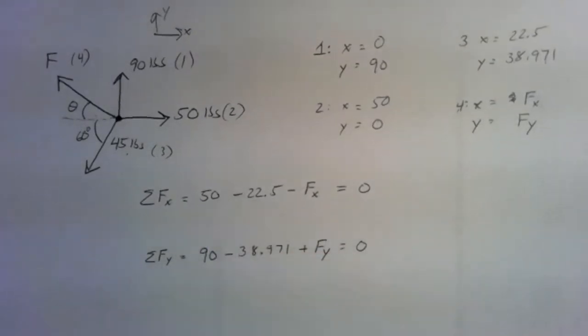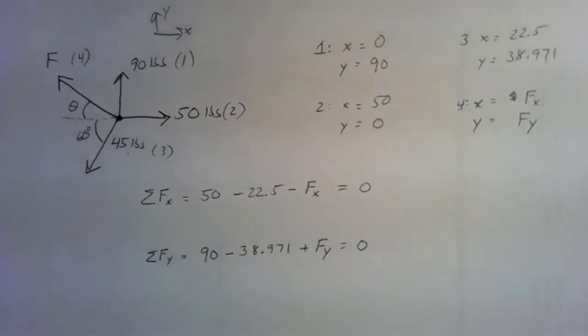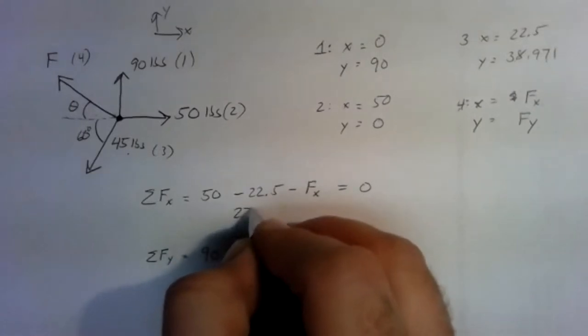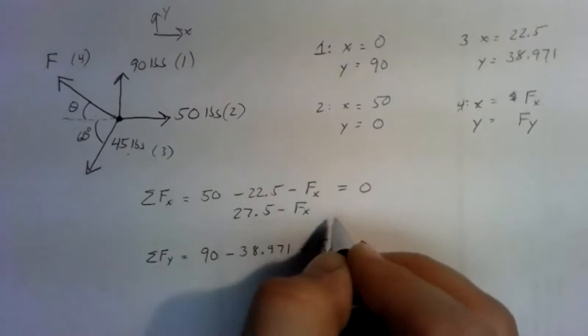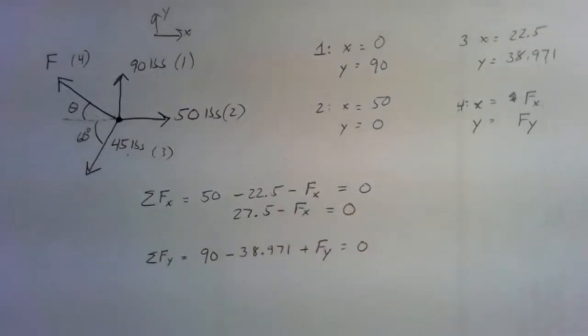For the x direction equation, if we first simplify the numbers, 50 minus 22.5 gives us 27.5. And really watch your signs here, because if you mess up your signs, you're going to get incorrect feedback on whether your assumptions were correct or incorrect.